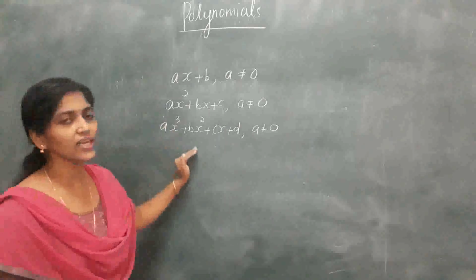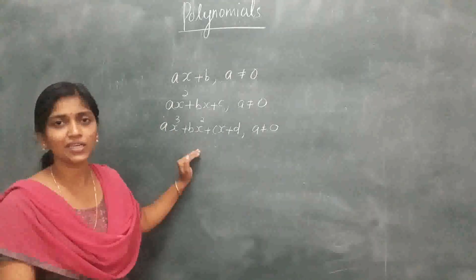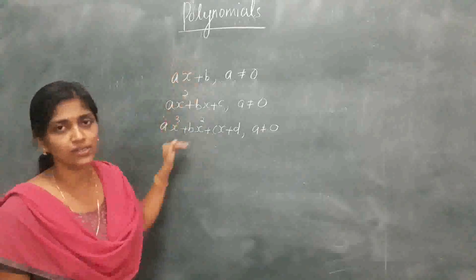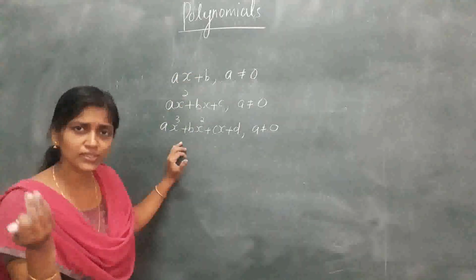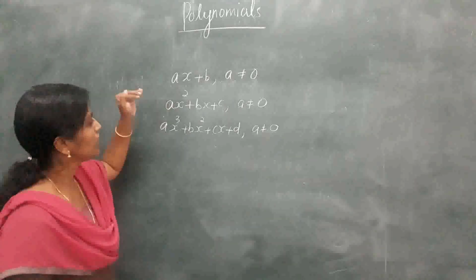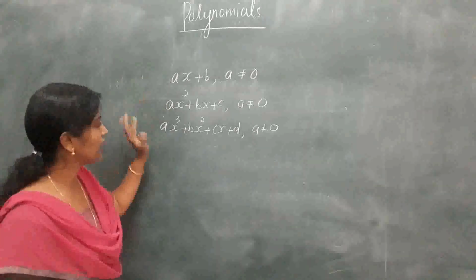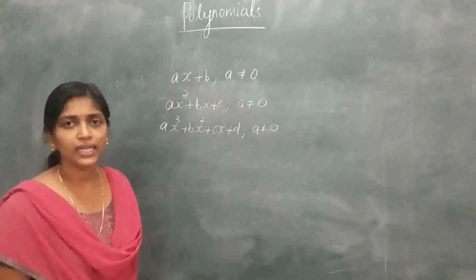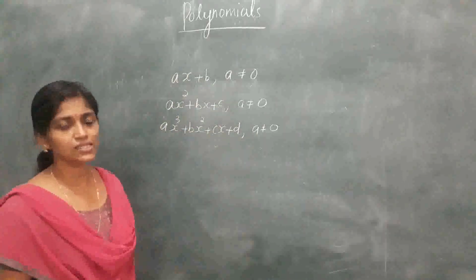We are starting polynomials this year, and we have the same chapter continuing next year, that is 10th standard, where in detail we will study the linear, quadratic and cubic polynomials.